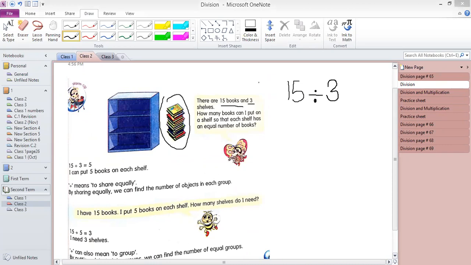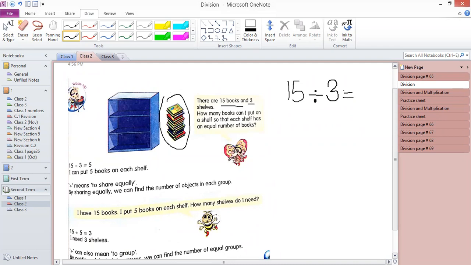That's very good. Guys, there are total 15 books, because while writing a division sentence, you always write the total number of objects you want to divide first. So there are total 15 books, you write 15. Then you write the division sign, and then you write 3 because you want to divide 15 books into 3 equal groups. After this, there must be an equal sign, and then there should be an answer.